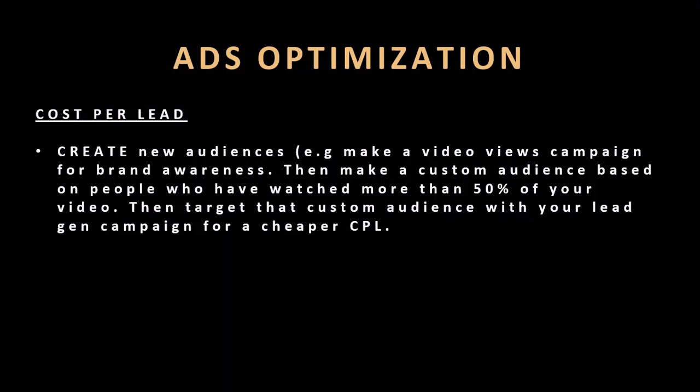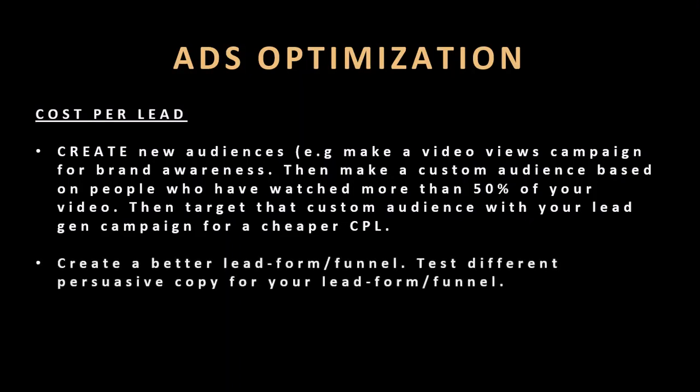You can target that custom audience with your lead gen campaign, and that might help you start getting a cheaper cost per lead because you've initially warmed up those people with a video views campaign. You spent money on that video views campaign to get video views. It wasn't to get customers. Your goal was to get views on your video. Then your lead generation campaign targets those people and your cost per lead should go down.